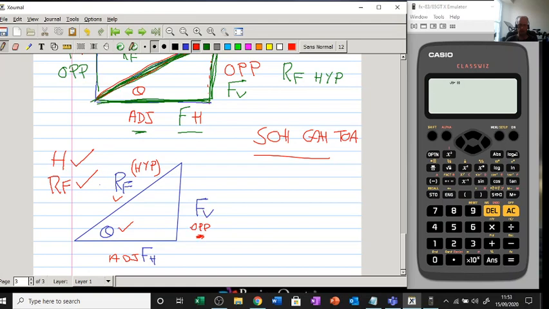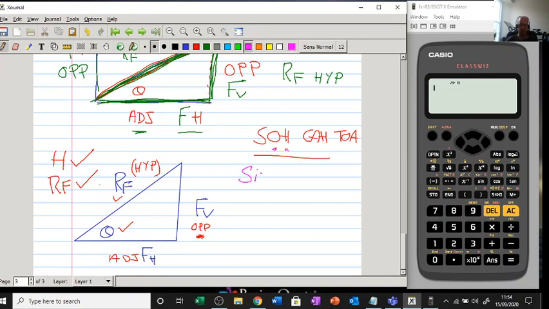I know the opposite, and I know the hypotenuse. I'm trying to find the opposite, and I've got the hypotenuse. So I can use this.